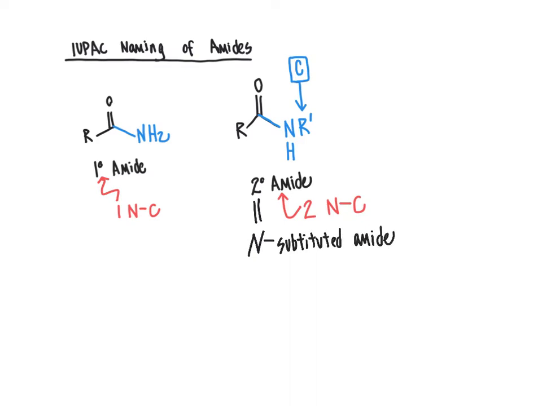The reason we call it an N-substituted amide is that the nitrogen atom here is not just bonded to the carbonyl carbon, but it's bonded to this R group carbon as well, and we refer to that as the N-substituted portion. And hence, this secondary amide is synonymously an N-substituted amide.